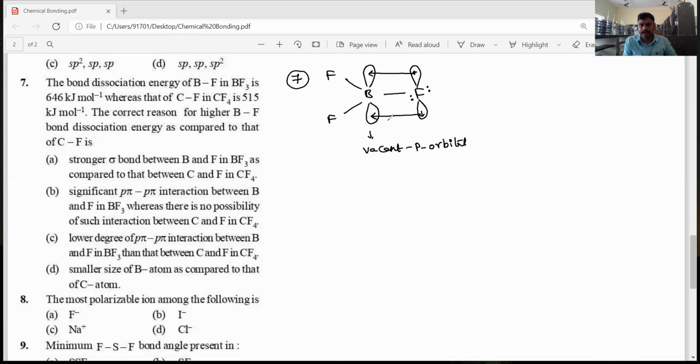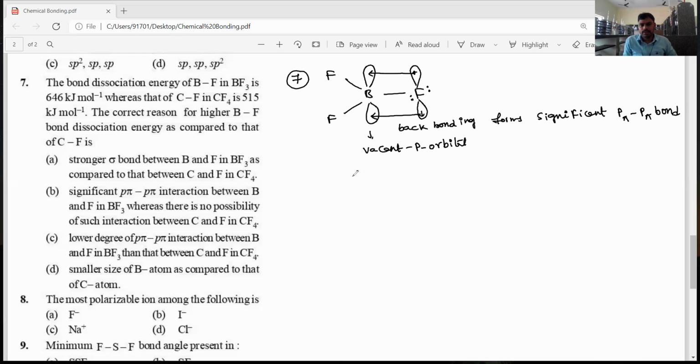This is called back bonding, and due to back bonding a p pi-p pi bond forms.